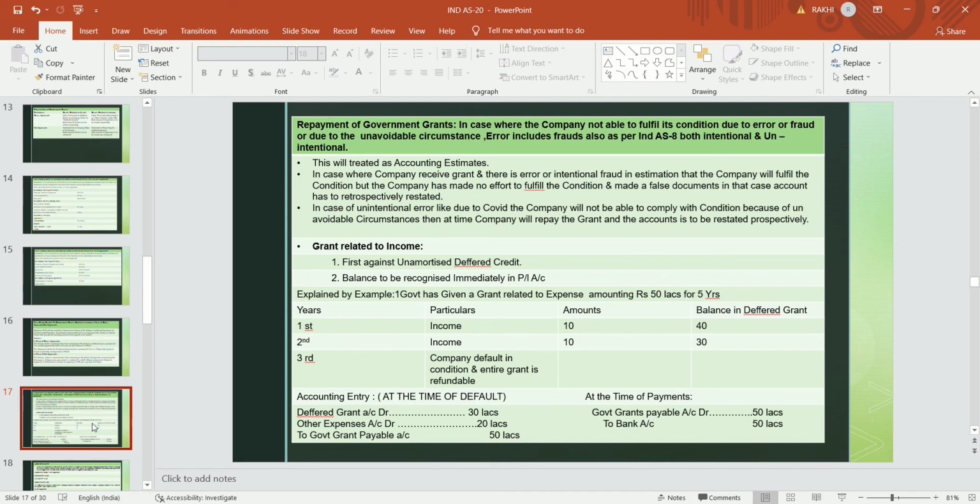As said earlier, in case of willful default, if the company has intentionally defaulted and made no effort to fulfill the condition, the company has to restate its financial statements retrospectively.